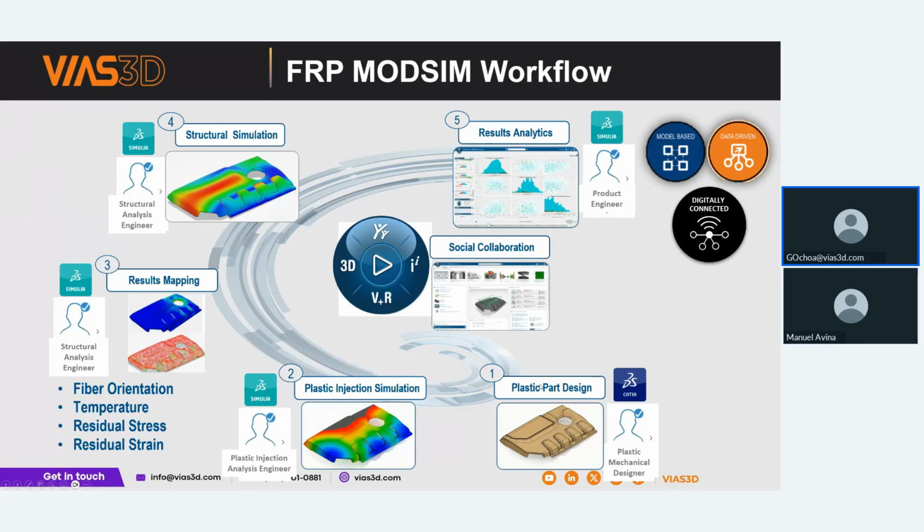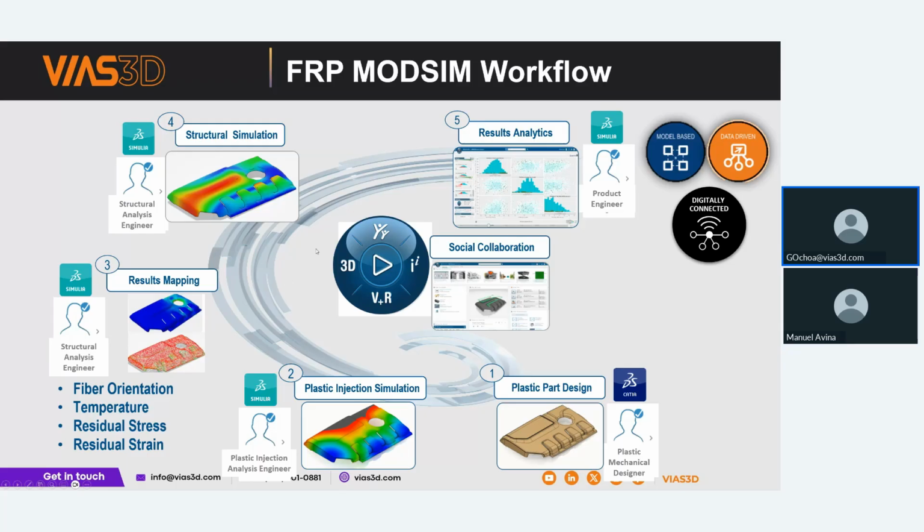The plastic part designer creates the part, so the injection molding simulation user can pick the file from the database and perform the simulation, then obtain the fiber orientation data, and that's immediately available for the structural simulation user to do the mapping and perform the simulation. And because the data is connected, this process can be automatically executed multiple times.